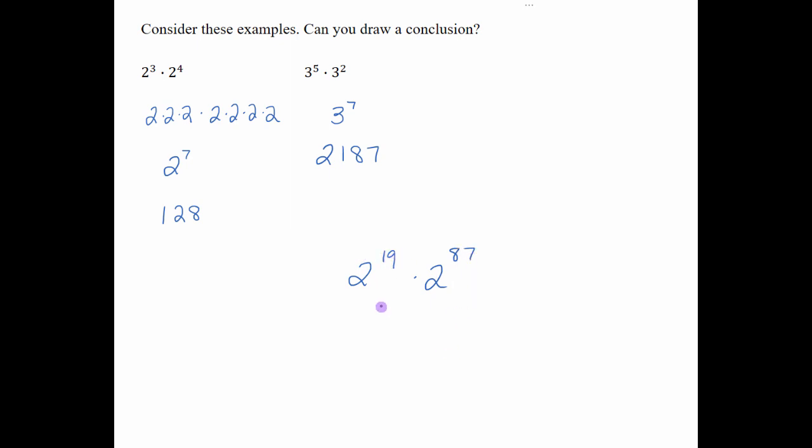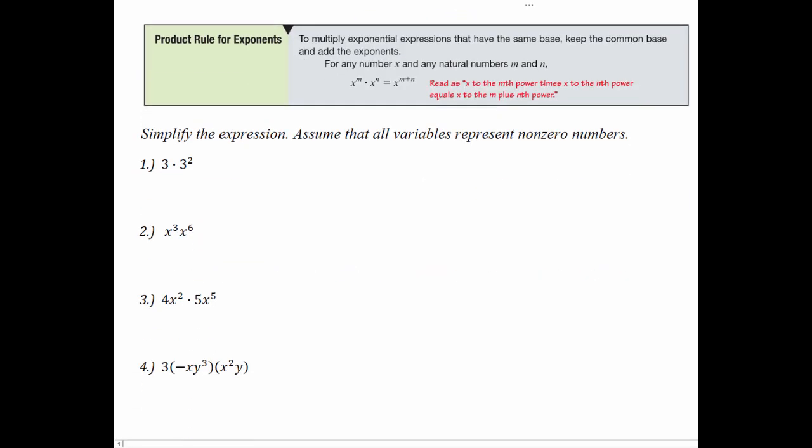You would not want to write 2 multiplying itself 19 times and then another 87 times multiplying itself and then count those up. So we go ahead and start using our little shortcut that we made.